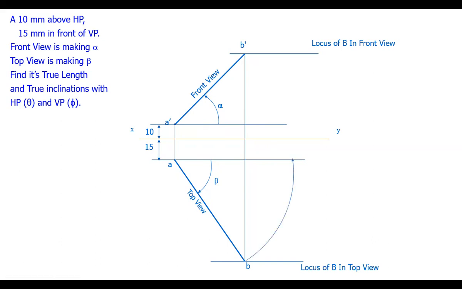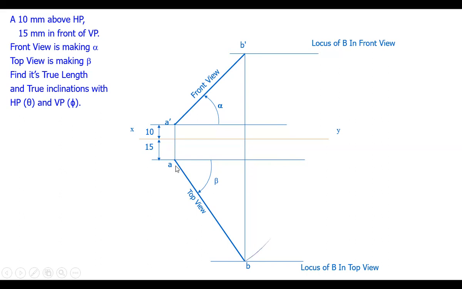Now let's take the top view AB as radius. The top view length won't change, though here it is making an angle with the VP. We rotate the line AB, with A fixed and AB as radius, and make it parallel to VP.